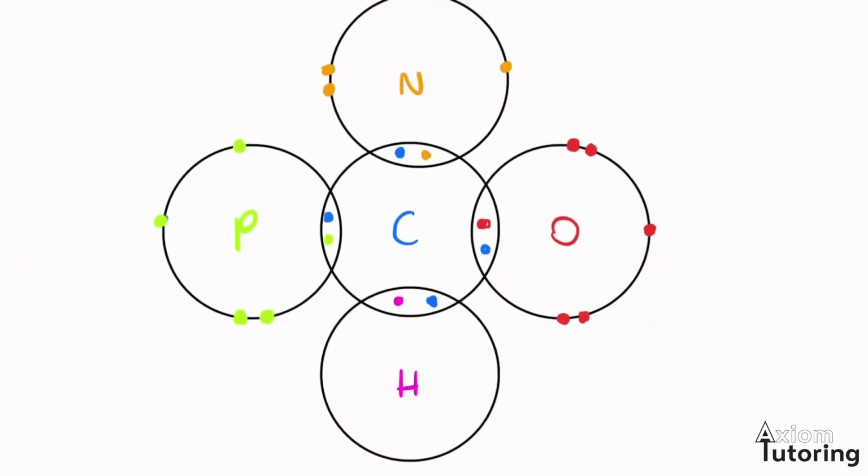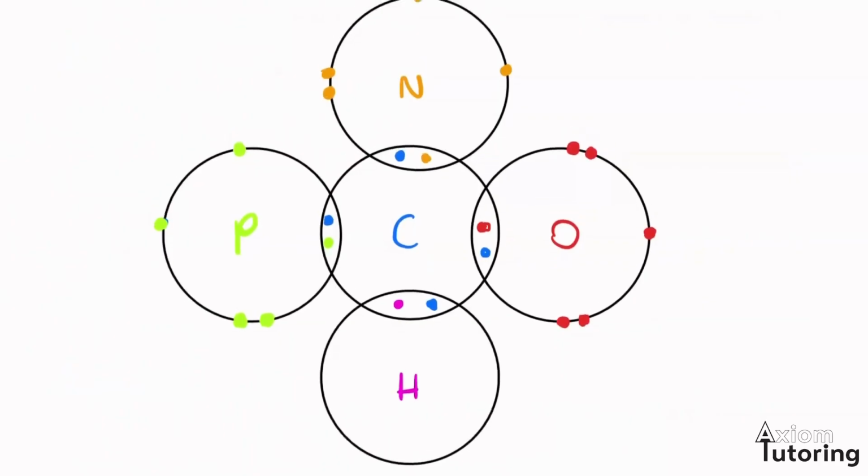And by doing so, it not only helps carbon reach a fuller outer shell electron configuration, but it also helps the other atoms reach a fuller outer shell electron configuration.